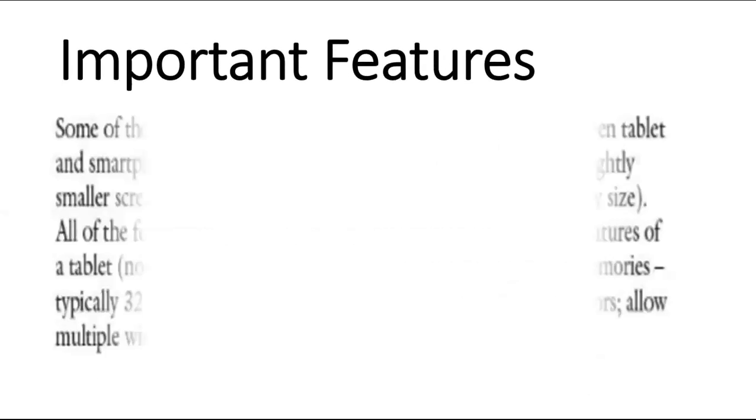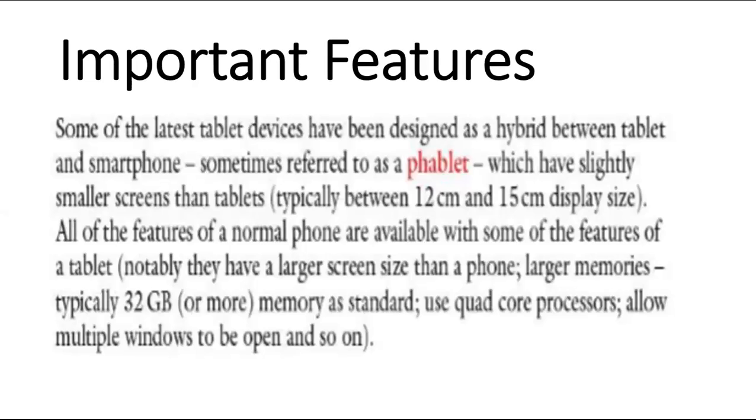Among the important features of tablets, one thing is very important, because some of the latest tablet devices have been designed as a hybrid between tablets and smartphones. It means you can use tablets just like a cell phone. You can use a single inline module chip inside the tab, and you can make a call to your friends just like a cell phone.